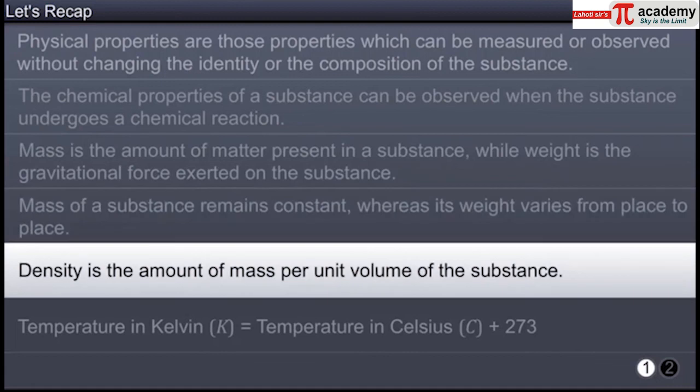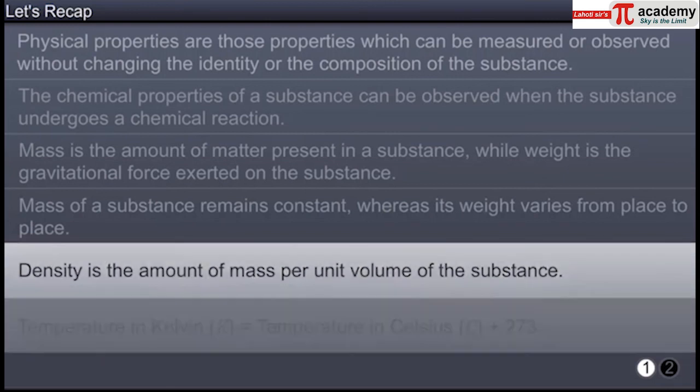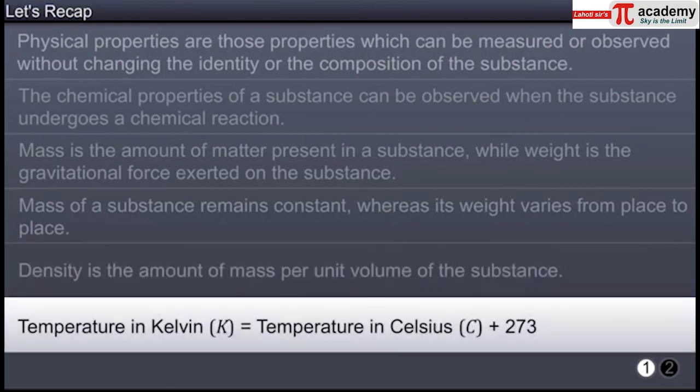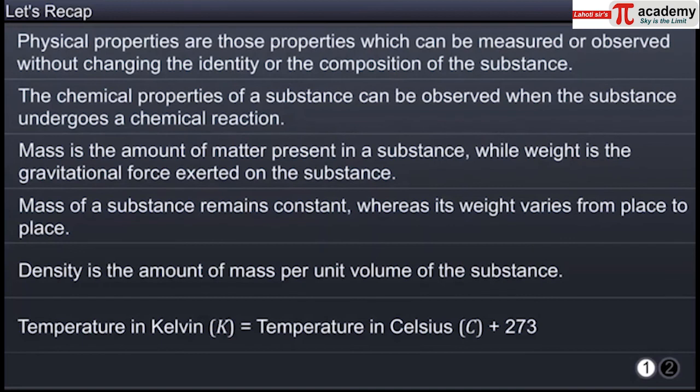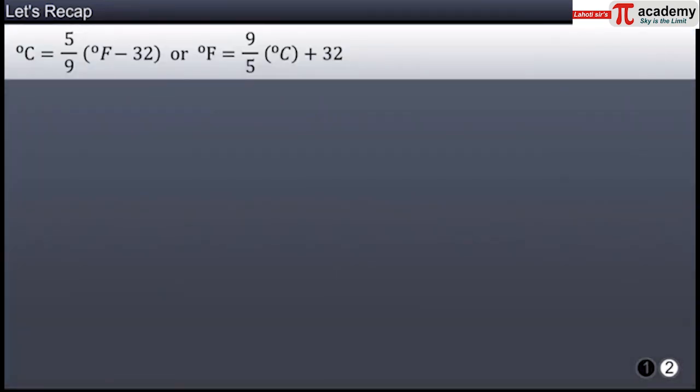Density is the amount of mass per unit volume of the substance. Temperature in Kelvin equals temperature in Celsius plus 273. Temperature in Fahrenheit equals 9/5 multiplied by temperature in Celsius plus 32.